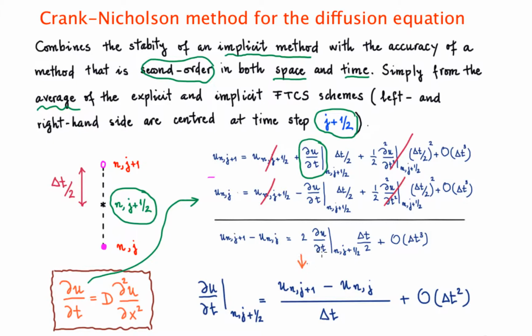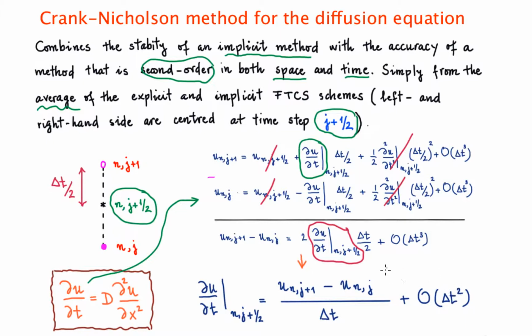The goal here again is to have an expression for this one. So from here we clear this one, and clearing that one we have the finite difference of this expression here. This is what we have, which is the same as the one we have for both explicit and implicit approximations, and the accuracy of that, as we know, is the square of delta t.